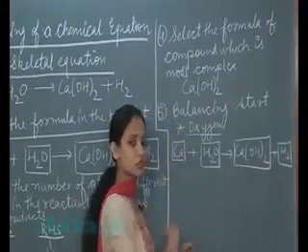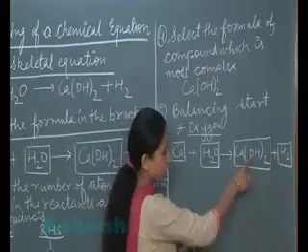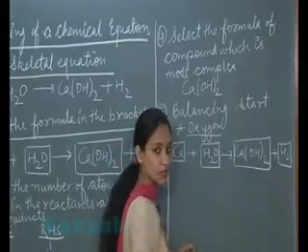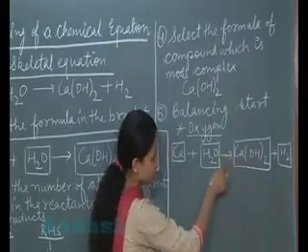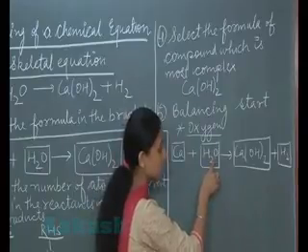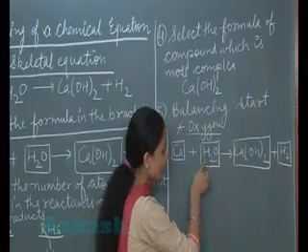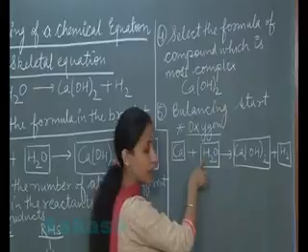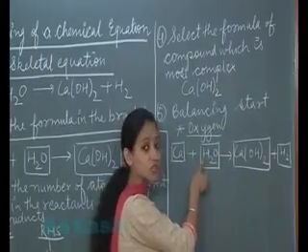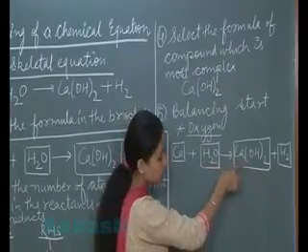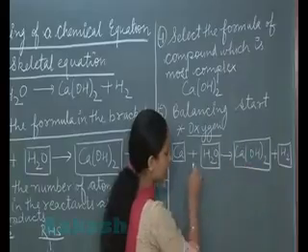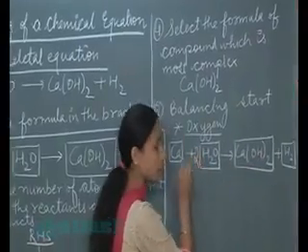We have chosen oxygen to start with. There are 2 atoms of oxygen in the product side. We need to balance this, and students, you can see here that there is 1 atom of oxygen. As we have put the formula in the bracket, in the boxes, we cannot change anything inside the box. So simply to balance oxygen atoms, I can simply write 2 here.